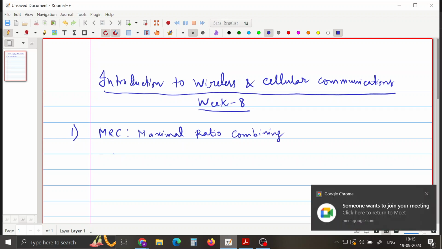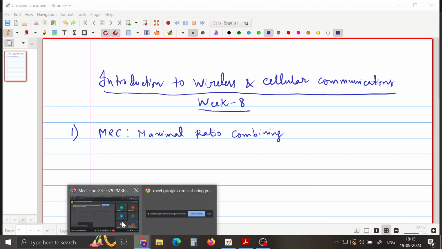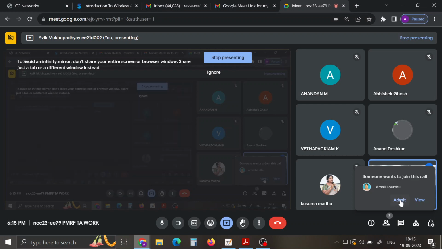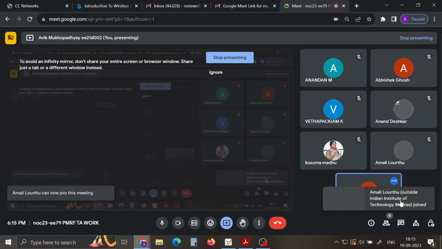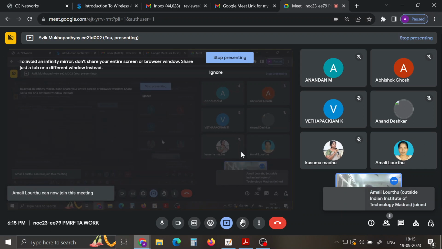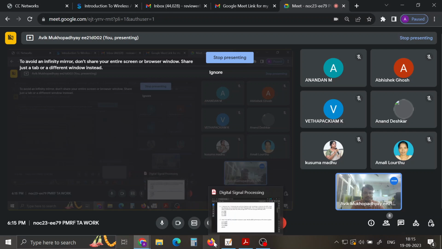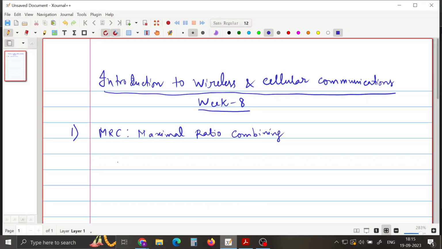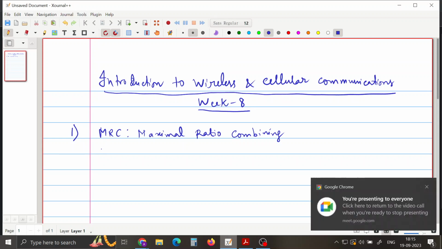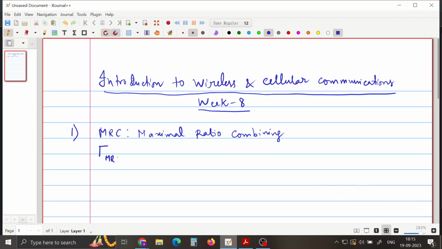And in MRC, the average SNR is given by gamma suffix MRC, that is equal to gamma 1 plus gamma 2 plus so on till gamma M, where M is the number of antennas, right?